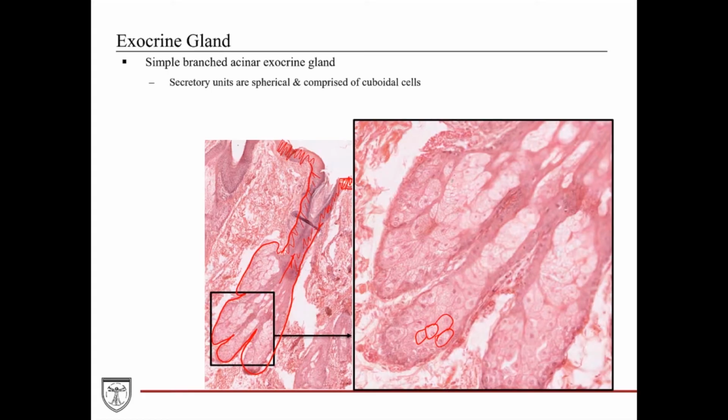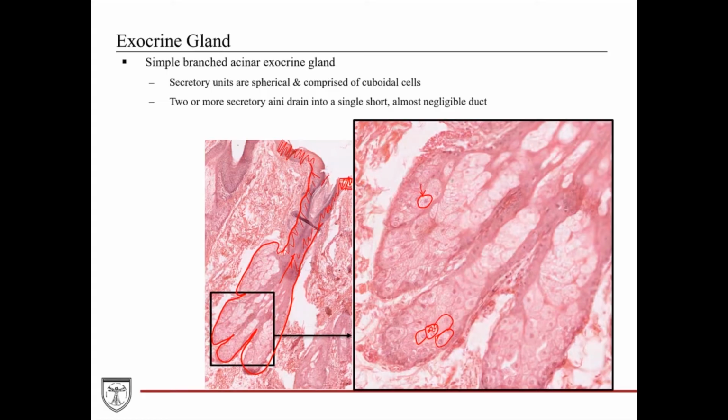And interestingly enough, the cytoplasm of these cells appears almost bubbly because there are a lot of small round vesicles that are non-staining or pale staining packed inside these cuboidal cells. And these vesicles contain oily products that don't stain well with H nor E, and that's why we're seeing all this bubbly looking stuff. And again, a number of these spheres are draining into a single duct.